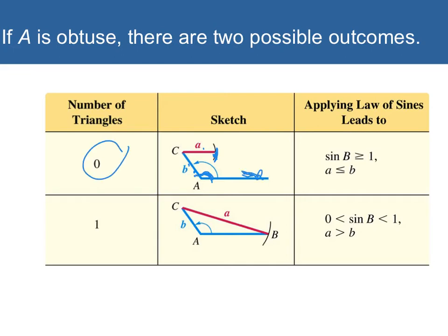So that's why there's none, if it's obtuse. Now, if A is allowed to be longer than B, then you could stretch it out to get to the side. Because remember, angle A is locked, side B is locked, and side A is locked. These measurements are locked. This would form a triangle, but only one triangle.